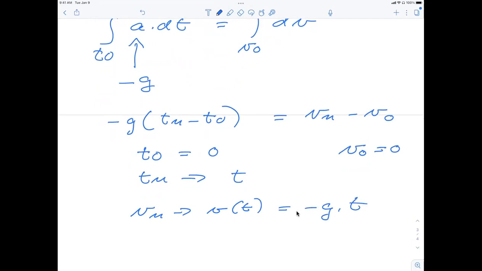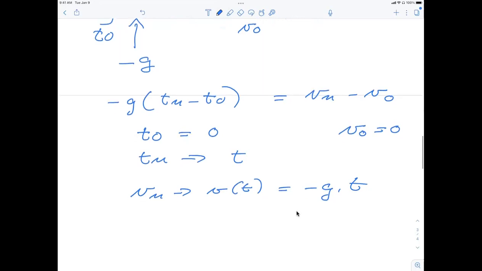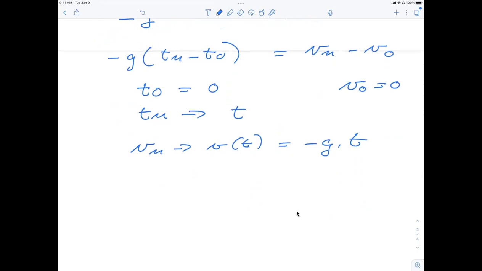So this is the kind of recipe you would use if you can integrate analytically and you can find an analytical solution. Now, the next thing we did was to integrate up and find the position. So we took the next equation, which was v equal to dy over dt.